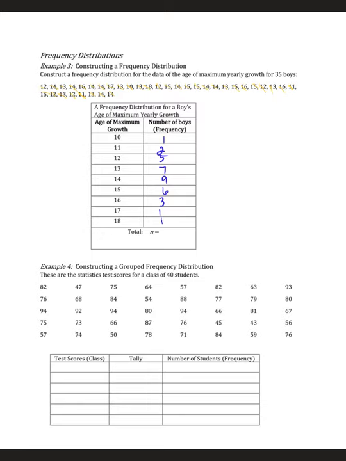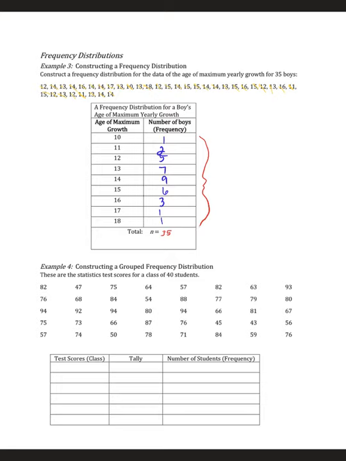What we're going to do then is add all these up. At the bottom row, it says total n equals. We want to count up how many numbers we have here, and when you count them all up, you should get n equals 35. If you are not getting 35, then you must have missed something somewhere.